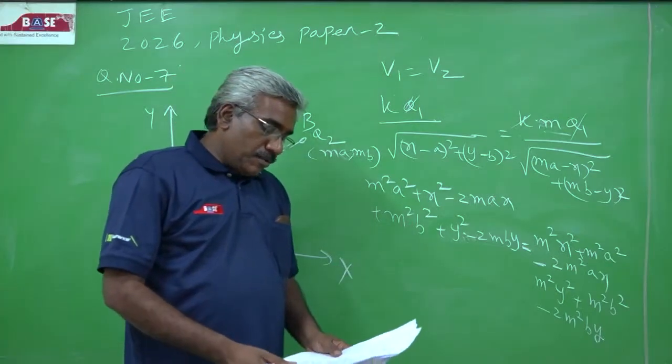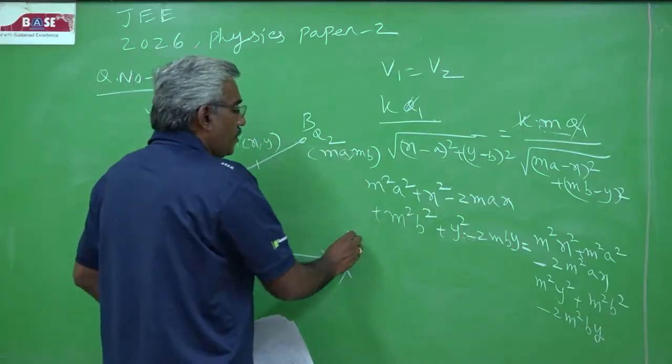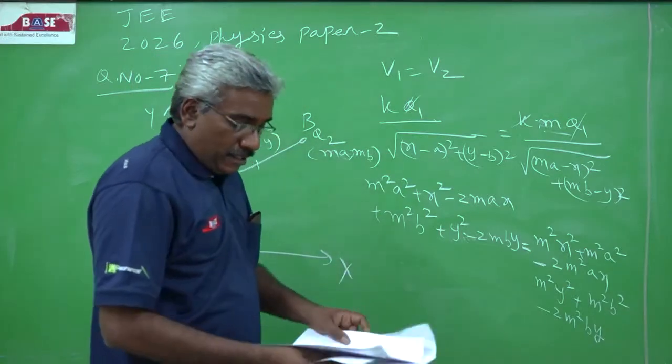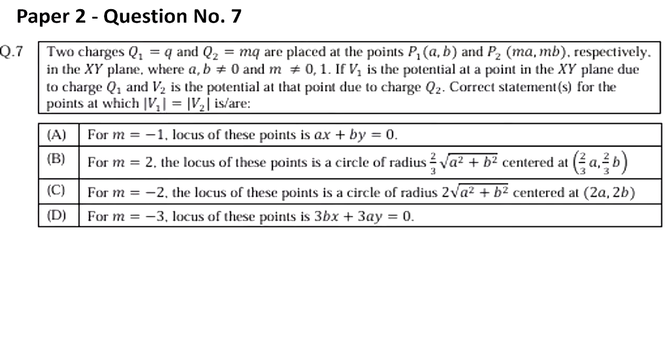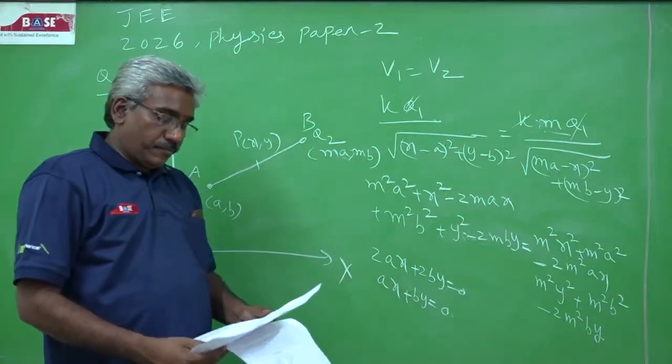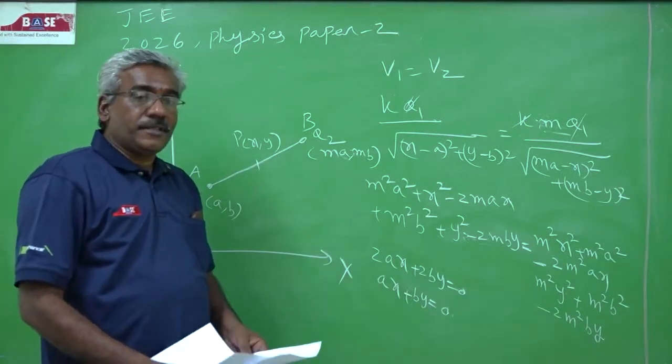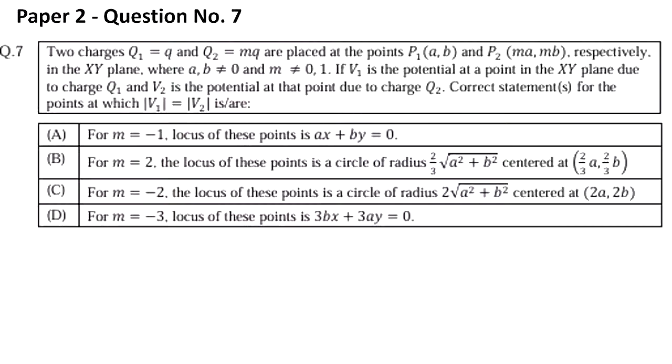If you substitute option A, m is equal to minus 1, in this equation, what you get is 2ax plus 2by is equal to 0, which implies ax plus by equal to 0. So option A is correct.